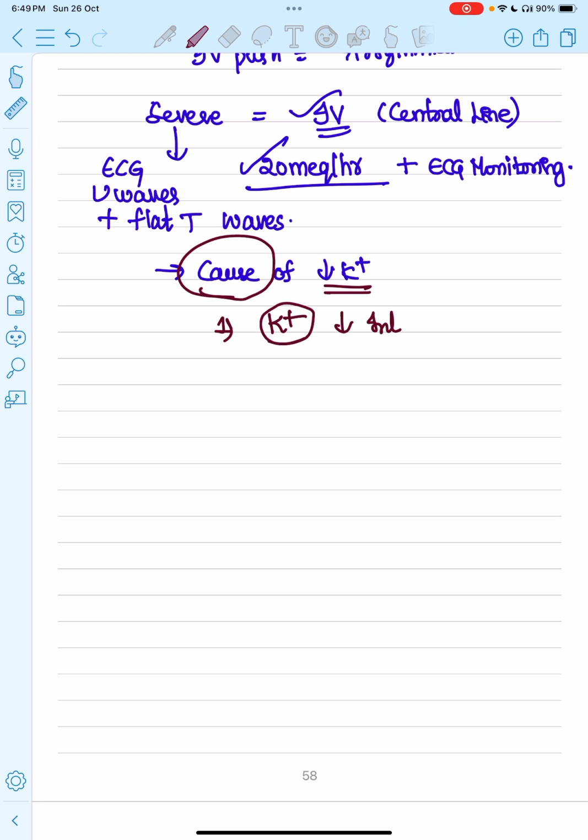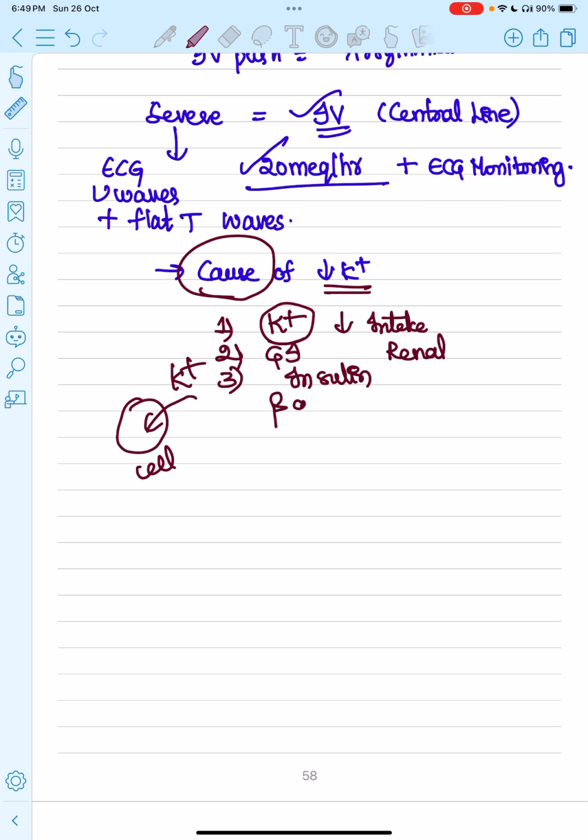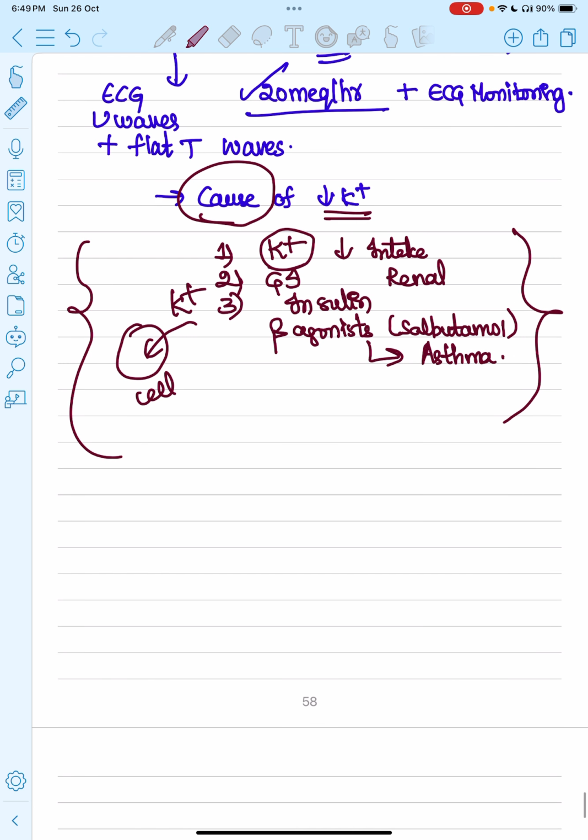Decreased intake of potassium might be the cause, or GI causes, or renal causes, or it might be due to some drugs which shift the potassium into cells, like insulin or beta agonists, like salbutamol, usually used in asthma. So first of all, finding the cause is very important.